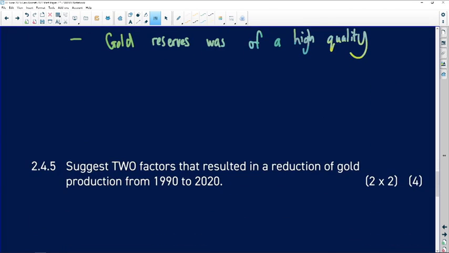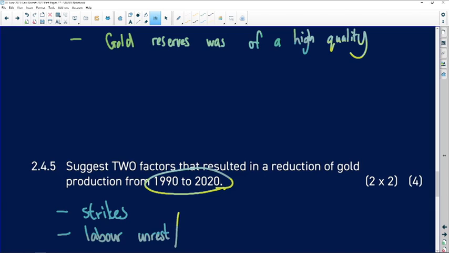2.4.5 suggests two factors that result in the reduction of gold production from 1990 to 2020. Now they've mentioned in the article strikes, labor unrest, and we can also mention disputes on salaries. They wanted increases.